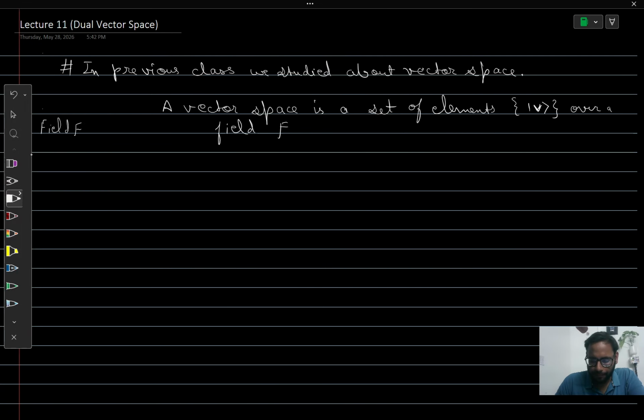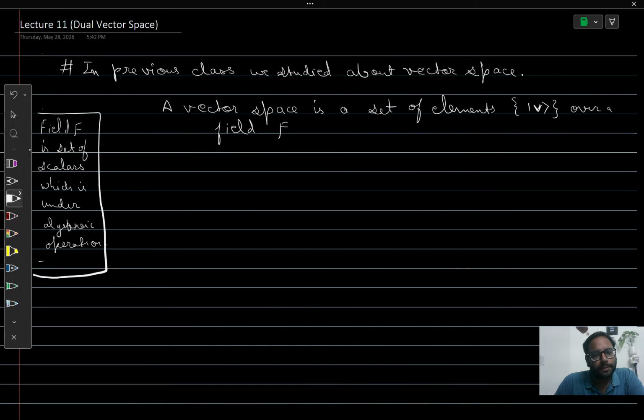Field F is just a set of scalars, closed under algebraic operations. And you know what these algebraic operations are? They are addition, subtraction, division. These scalars follow these operations.